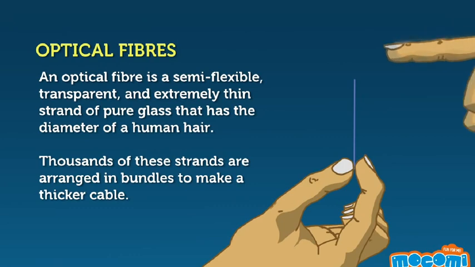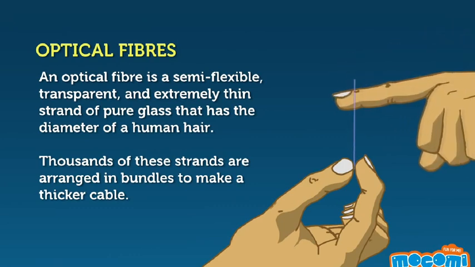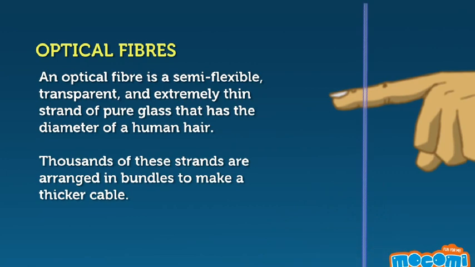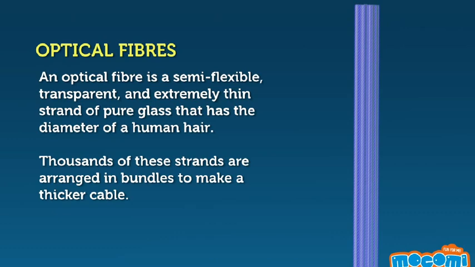An optical fiber is a semi-flexible, transparent and extremely thin strand of pure glass with the diameter of a human hair. Thousands of these strands are arranged in bundles to make a thicker cable.